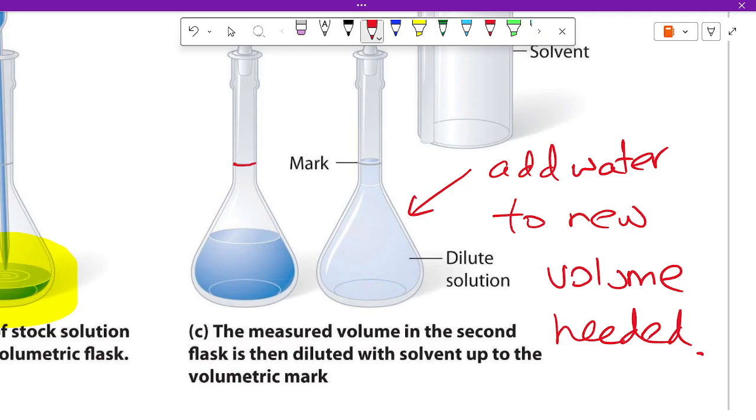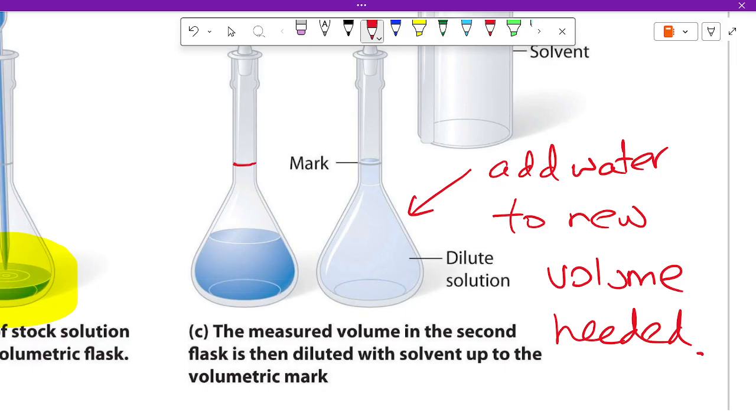So if you have a 100 milliliter volumetric flask, you must be making 100 milliliters of solution. If you want to make some funky volume, like 135 milliliters, there's no such thing as a 135 milliliter volumetric flask. You would probably need to make it in a graduated cylinder, or you'd just be like, hey, 200 milliliters sounds good. I'm just going to go with that because there's 200 milliliter volumetric flasks, and I'll just make a little more than I need.